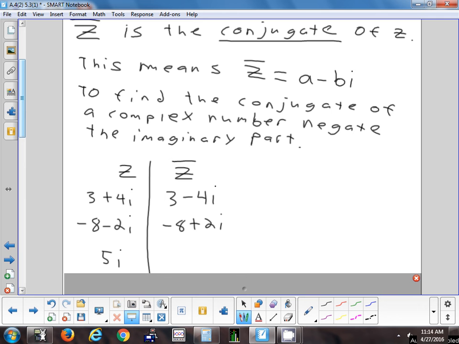How about 5i? What would be the conjugate there? Negative 5i. Negative 5i. If you are confused because you don't see a real part, think of it like this. 0 plus 5i, the conjugate is 0 minus 5i, or what we just wrote.